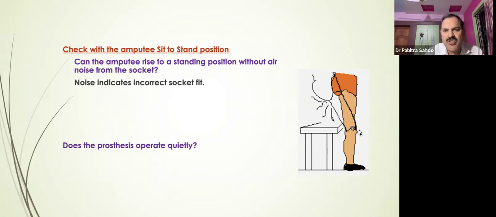With a suction socket, you will expect some air hissing while going from standing to sit or sit to stand. Other sources of noise can be the foot ankle assembly, the knee joint, or any external hip joint, if given. That indicates poor workmanship or poor fitment of the prosthesis. Then it has to be returned to the prosthetist to take care of these things.